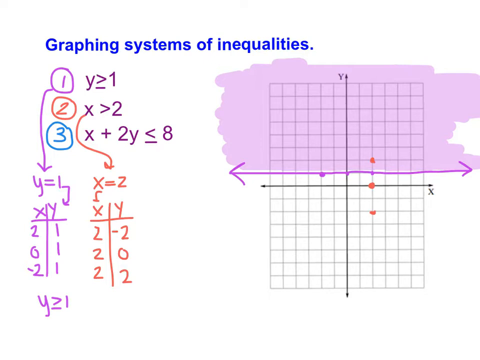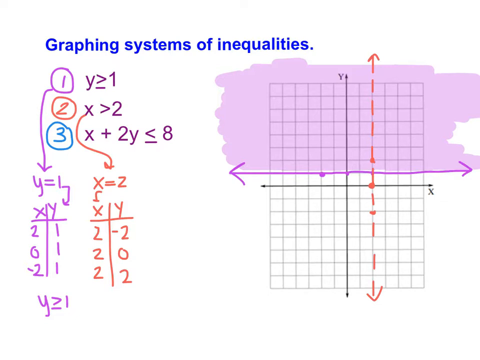Then from here, to determine what type of line, dotted or solid, I'm going to draw, I look at the inequality and I notice that there's no equal sign underneath. So we're going to draw a dotted line here. And then from here, I need to shade in the direction where x is greater than 2.